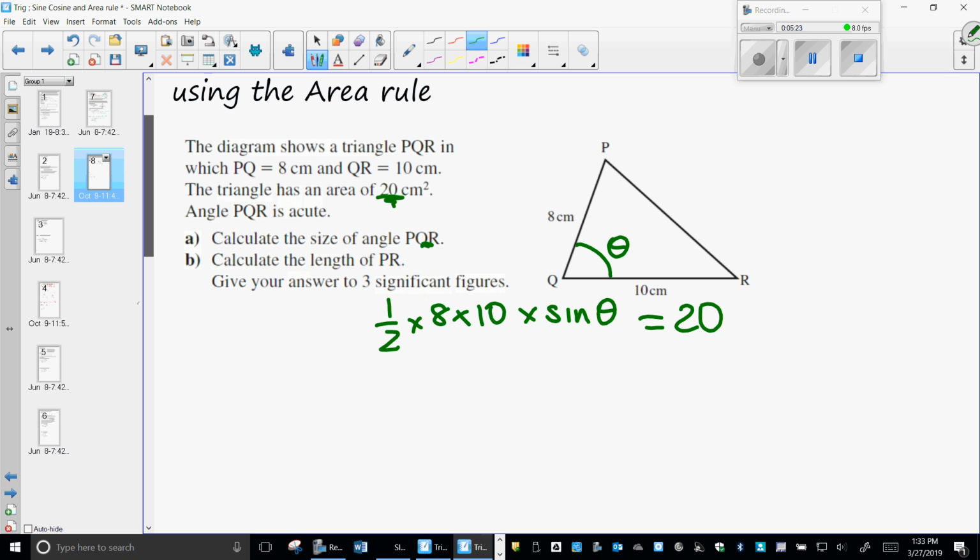Multiplied by 10 is 40. I'm going in baby steps. 40 sine theta equals 20. Then to find sine theta, we would have 20 divided by 40, which hopefully you're happy is a half.